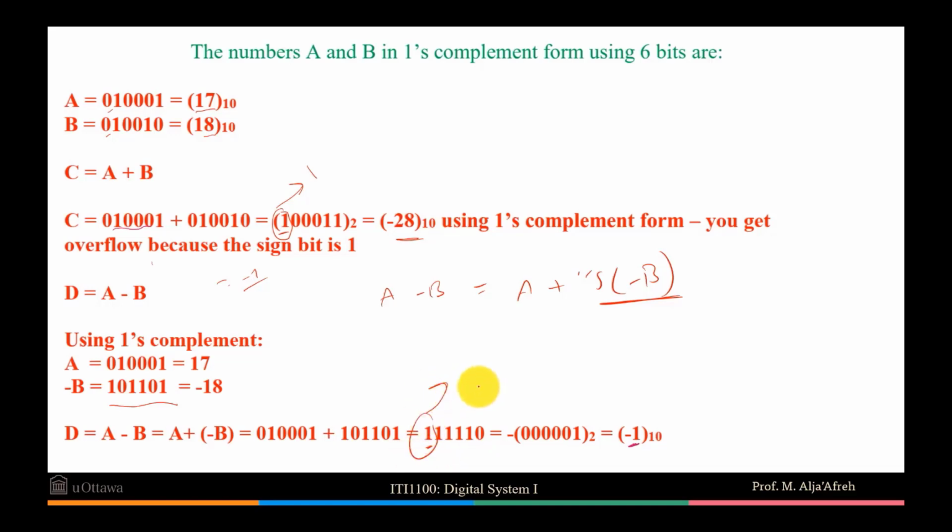That means in order to find the correct magnitude, we need to complement it again using ones complement. So we flip each bit, because it's a ones complement, and we get 100000, which is minus 1. That means both results go together, and this is minus 1, which represents the correct answer.